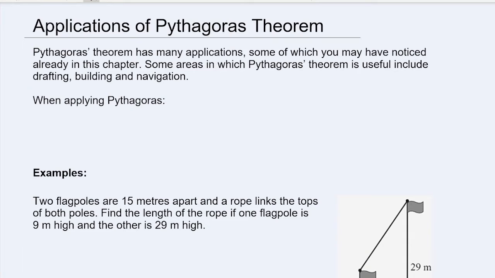Now, when we are applying Pythagoras in terms of word problems and situations, we need to do a couple of different things. So, the first thing that we're going to do is identify and draw any triangles that are needed, any right-angled triangles that are needed.